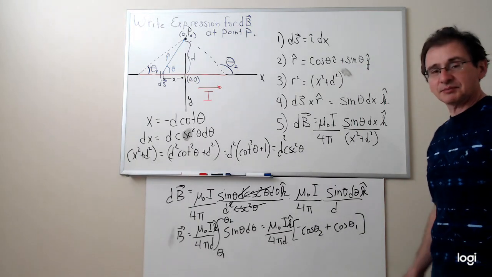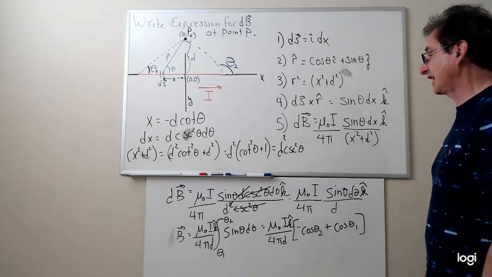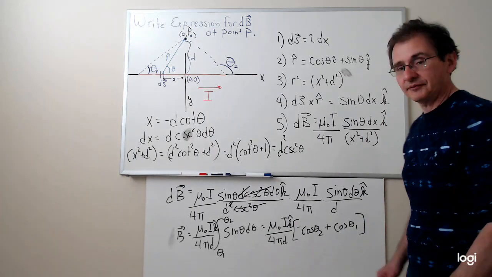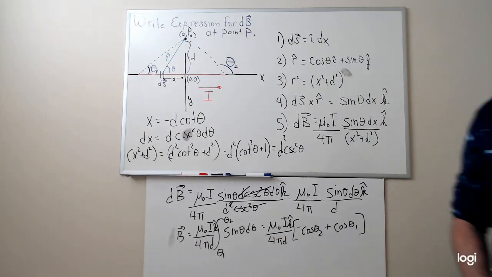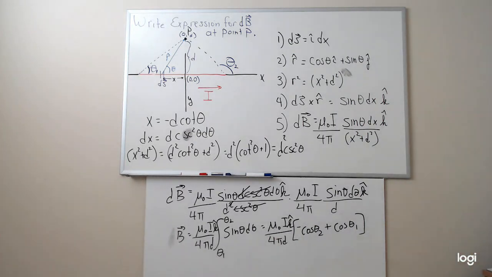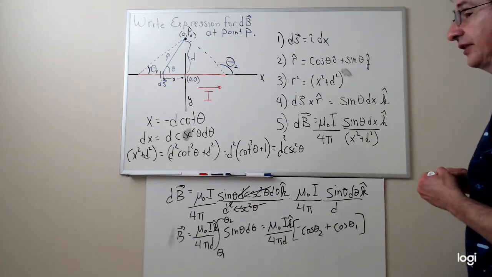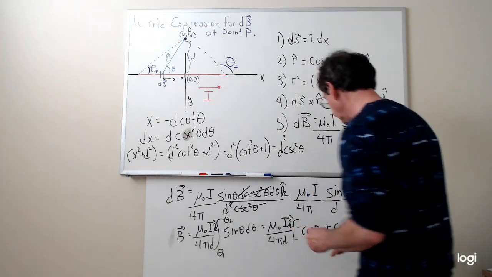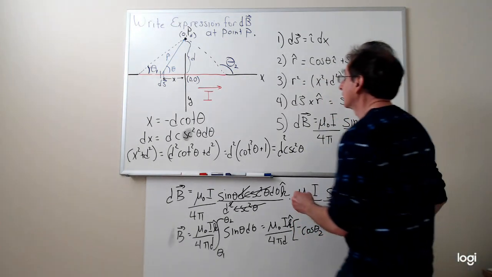And really that's it, but what I'm interested in is the case where the wire is infinitely long. If the wire is infinitely long, then we have to determine what theta 1 and theta 2 are. So if the wire is infinitely long, theta 1 is 0, and theta 2 is pi.